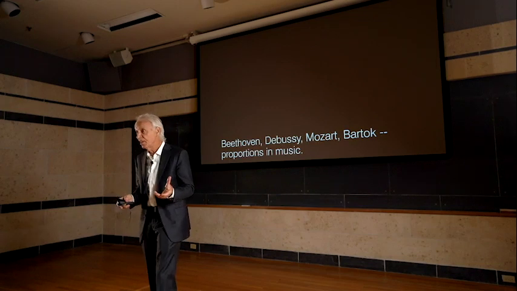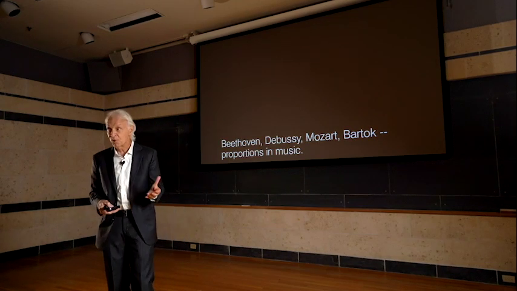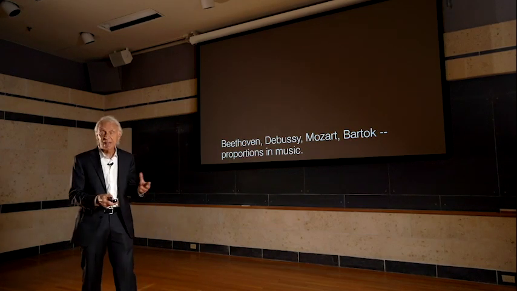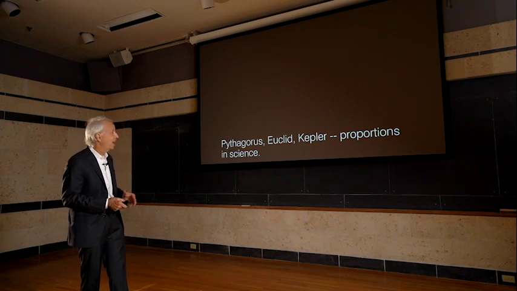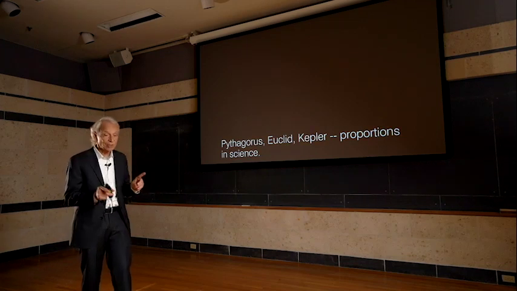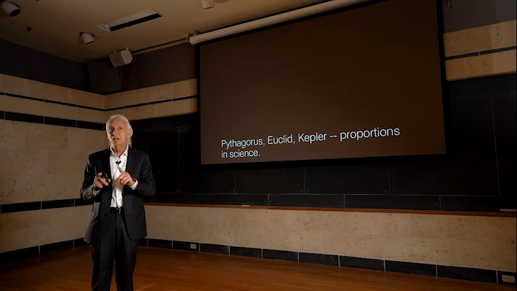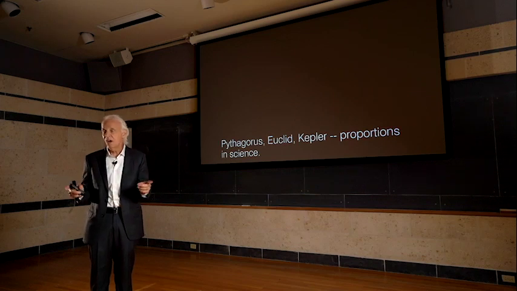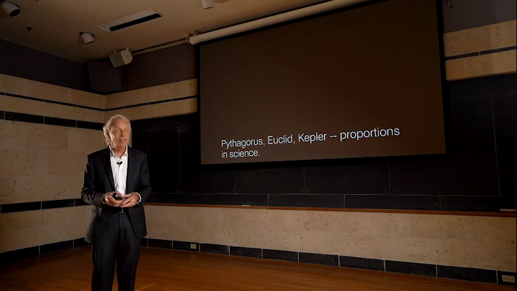Beethoven's Fifth Symphony is based on proportions related to the golden section. People in science have looked at the solar system, at various things in physics and in science, and found the golden proportion present in many elements of science. People like Pythagoras or Euclid or Kepler.